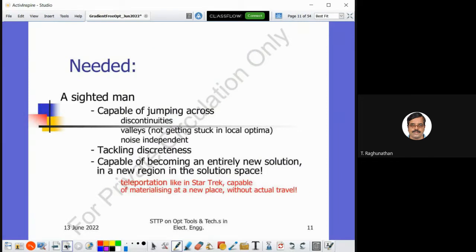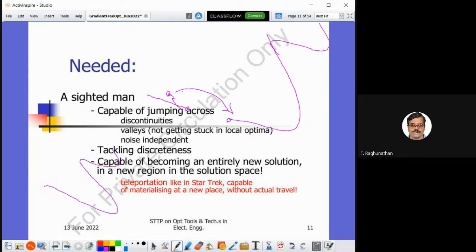What we need to address this kind of complication that we discussed today is, for example, if you have a discontinuity like this, the method should be capable of jumping across this discontinuity.